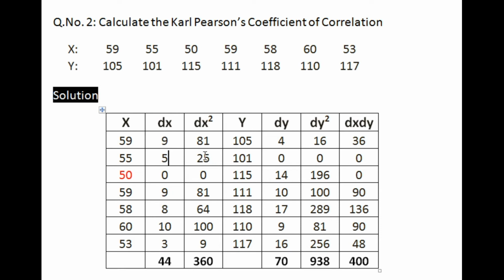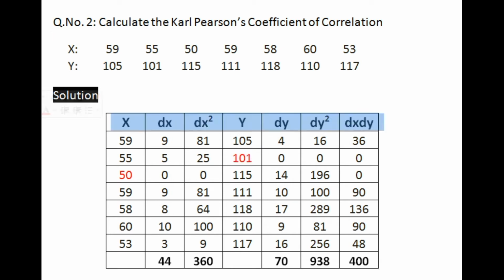9 square is 81, 5 square 25, 0 square 0, 9 square 81, 8 square 64, 10 square 100, 3 square 9. The totals of these two columns are 44 and 360 respectively. Now take all these y numbers, from 105 to 117. Which number is smallest here? The smallest number is 101.